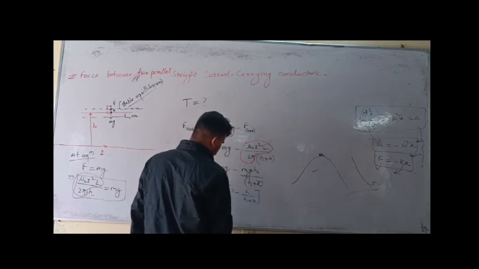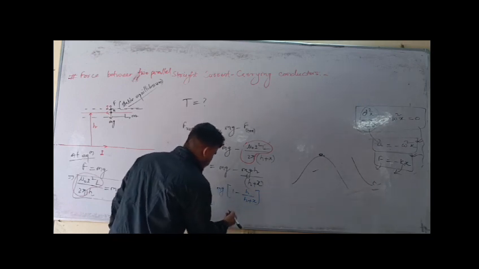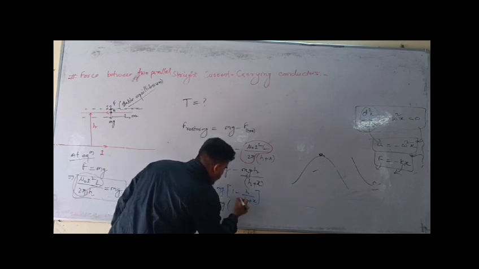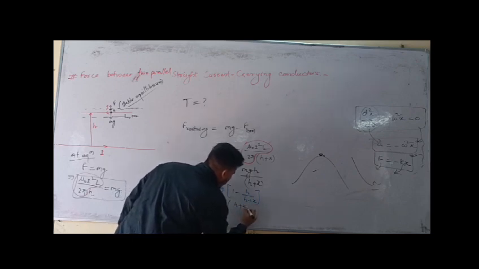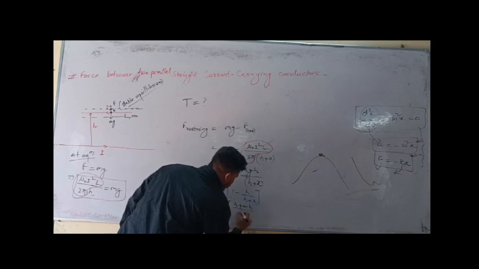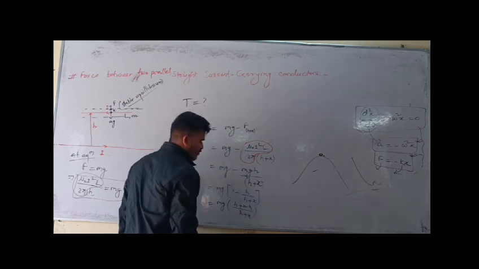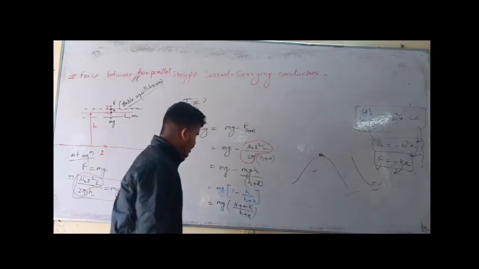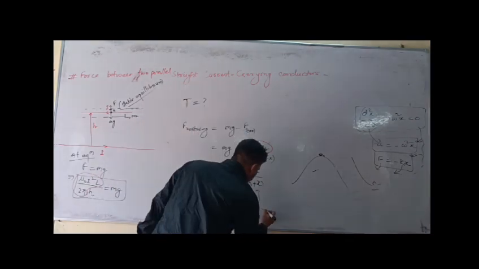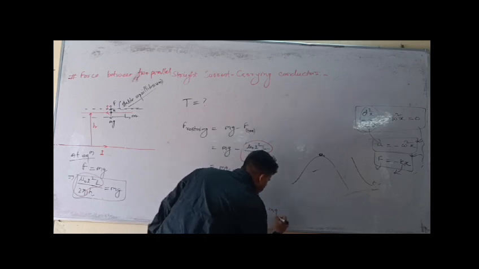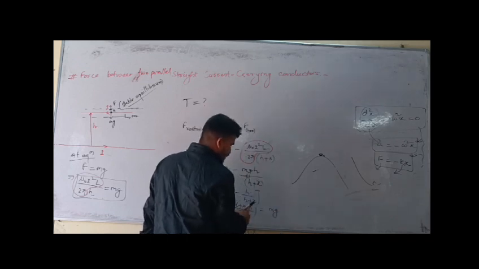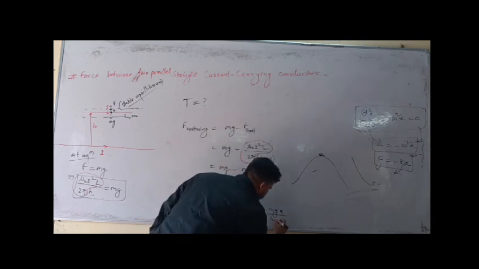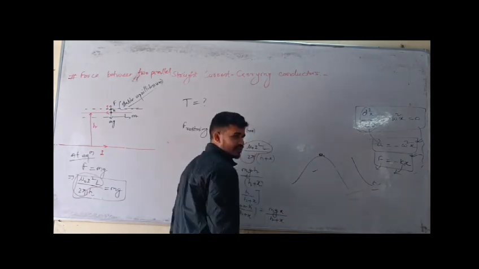Consider it like this: mg into h plus x minus h, divided by h plus x. H got cancelled. What will be this result? mg x by h plus x.